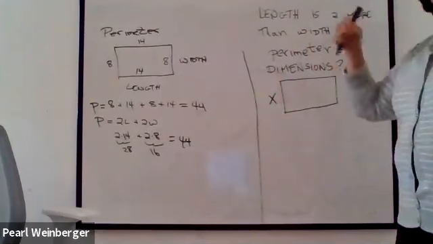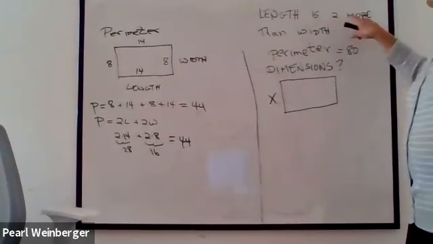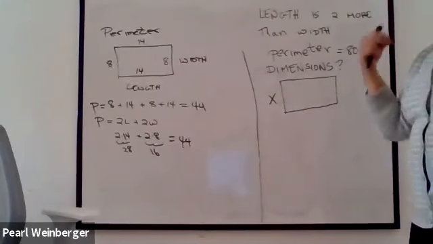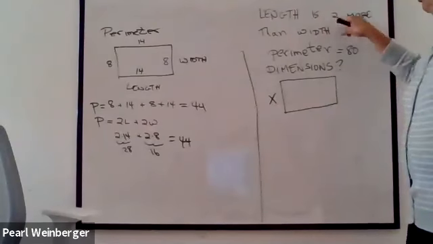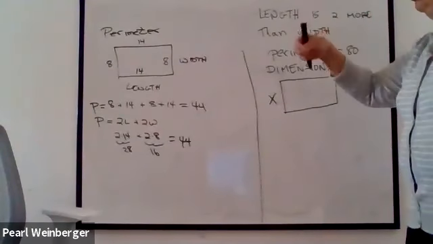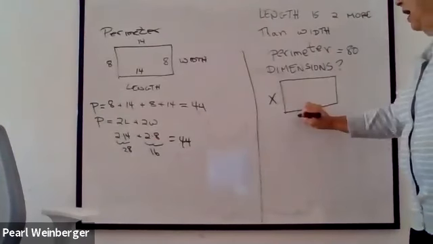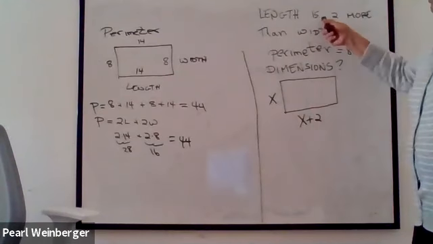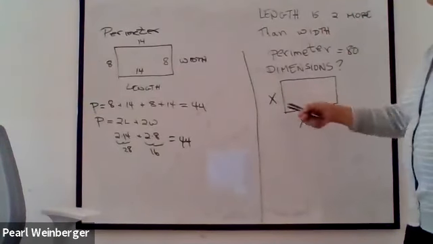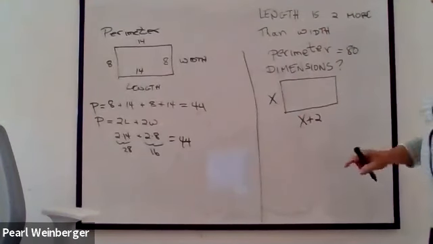When the term more is used, it means you're adding 2. If it would have said 2 less, it would have meant that you're subtracting 2. Even though the 2 is coming before the width when we say it, we write x plus 2. To say something is 2 more means that we're adding 2 to the width. So we're getting x plus 2.